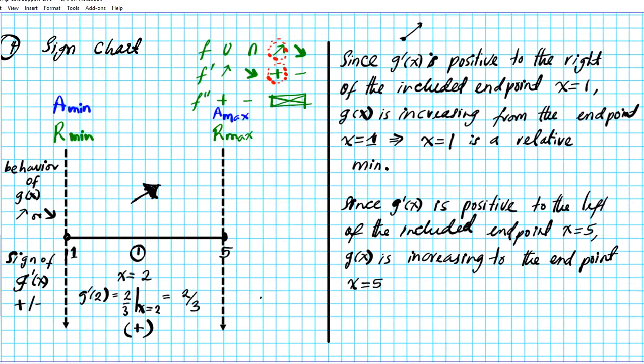When you ascend to an endpoint, what do you classify that endpoint as? If you're ascending to an endpoint, that's going to be a relative max. So that tells us that x equals 5 is a relative maximum.